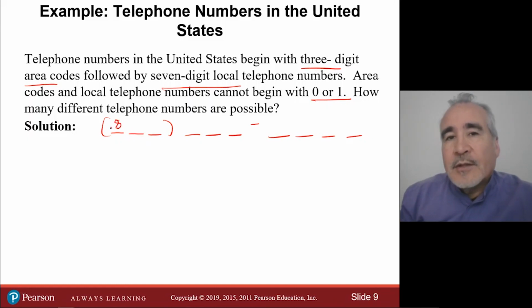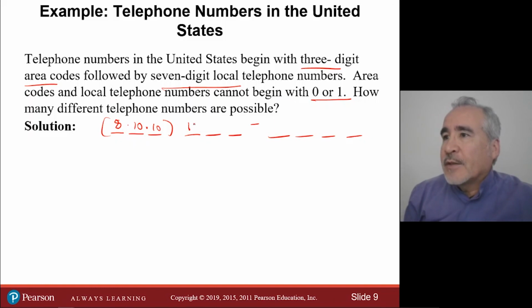Now the second digit, we can use 0, we can use 1, we can use them all. So there are 10 there, 0 through 9. And local telephone numbers cannot begin with 0 or 1. So this one also is only going to have 8 choices. All the rest will have 10.